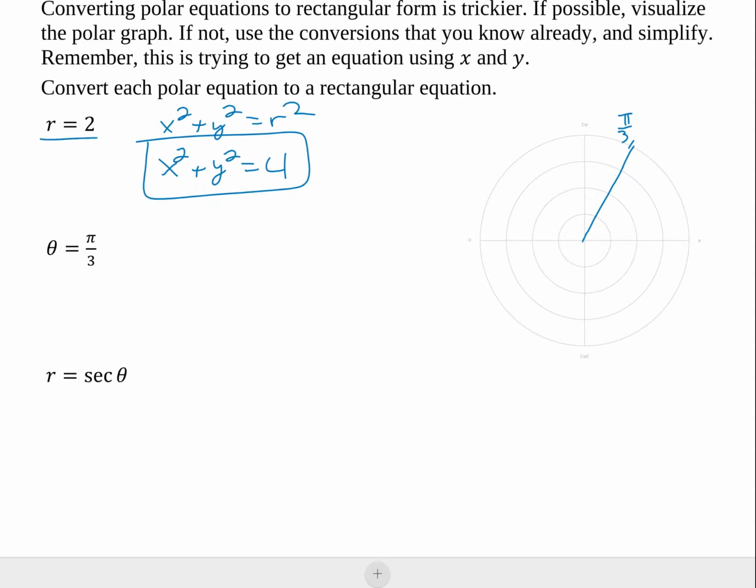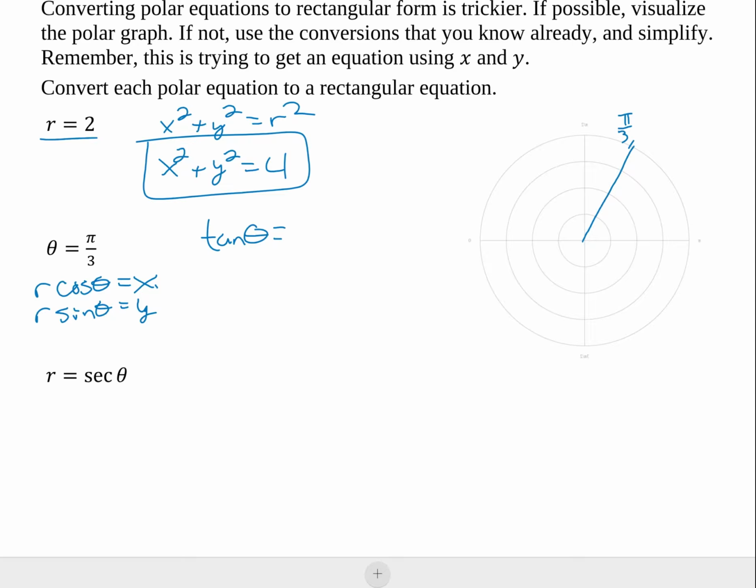So if I do a conversion here, r cosine theta equals x and r sine theta equals y, then y over x creates tangent, right? So I'm going to take this y and divide by this x, and I'll create tangent theta. R divided by r is gone. So I just wind up with tangent theta equals y over x. So great, what does that do for me?